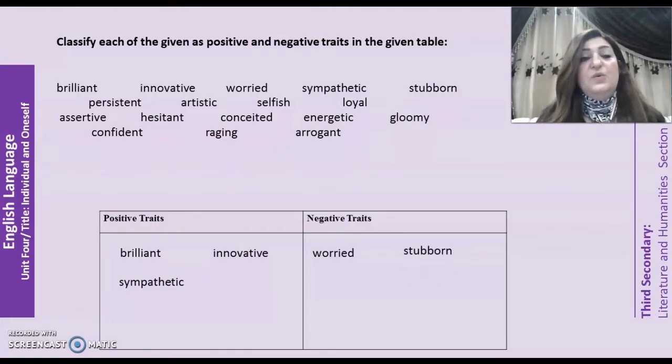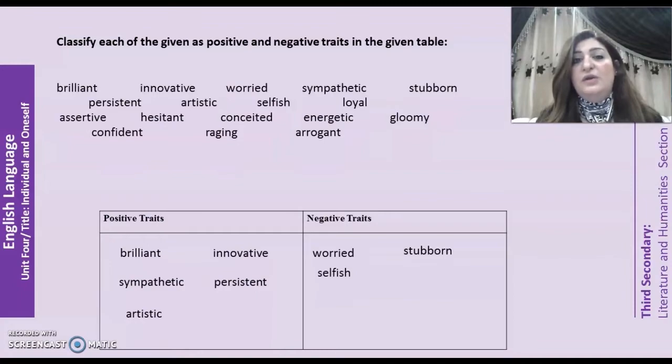Persistent, when you never give up, this is positive. Artistic, positive. Selfish, a self-centered person, is negative. Loyal, positive. Assertive, when you are helpful, this is positive. Hesitant, when you are unable to decide, this is negative.